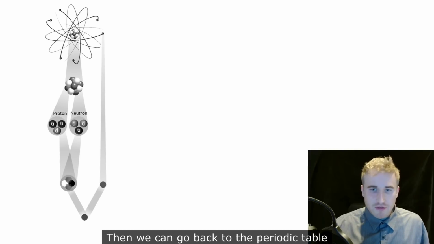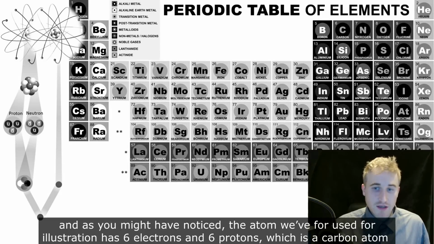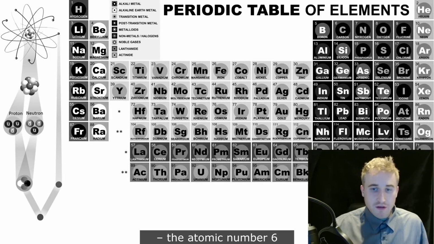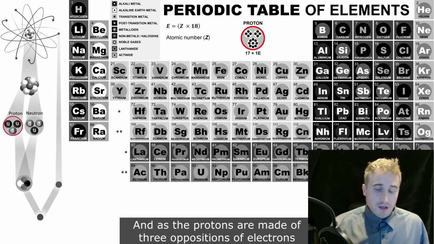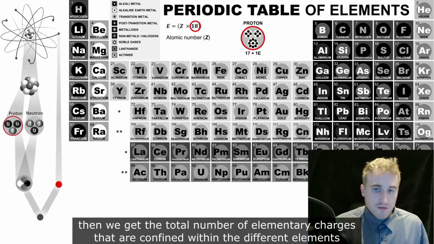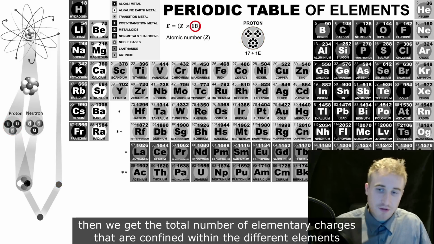Then we can go back to the periodic table, and as you might have noticed, the atom we have used for illustration has 6 electrons and 6 protons, which is a carbon atom, the atomic number 6. And as the protons are made of 3 oppositions of electrons, we can multiply the number of electrons it contains plus 1 electron with the atomic number, and then we get the total number of elementary charges that are confined within the different elements.